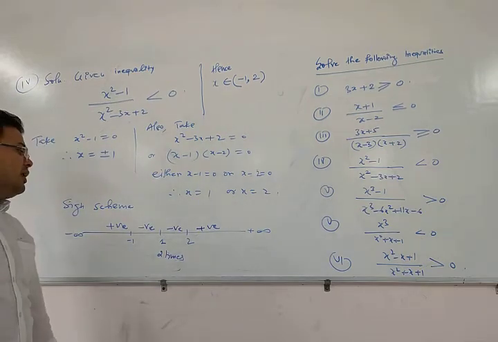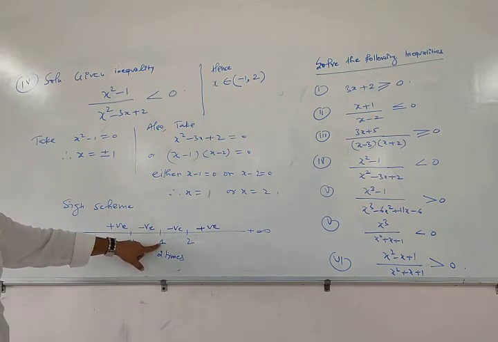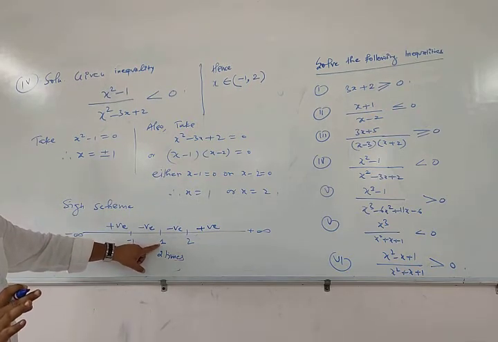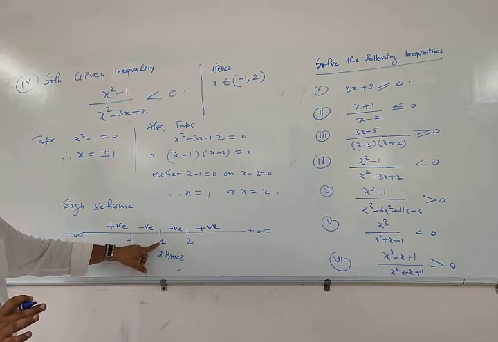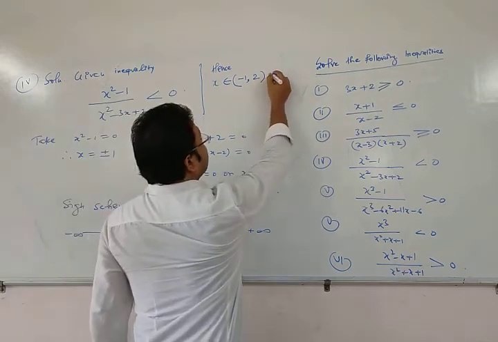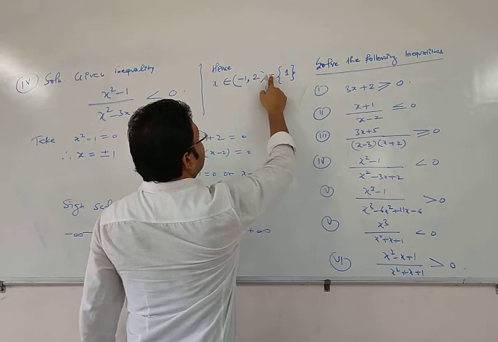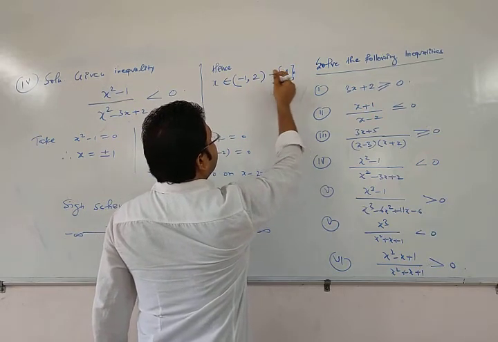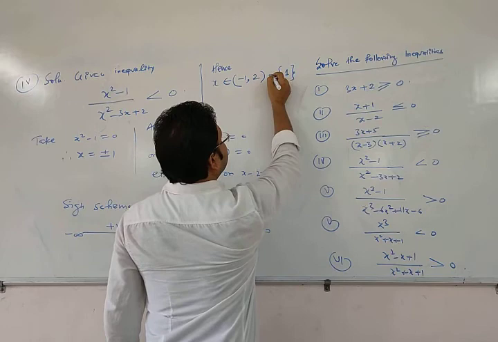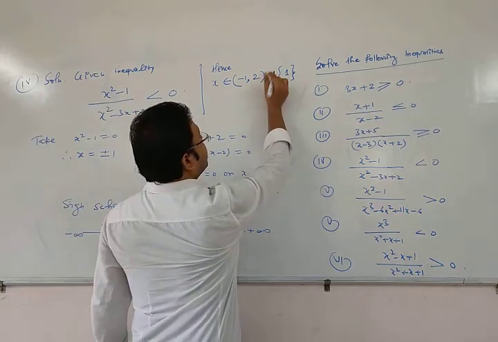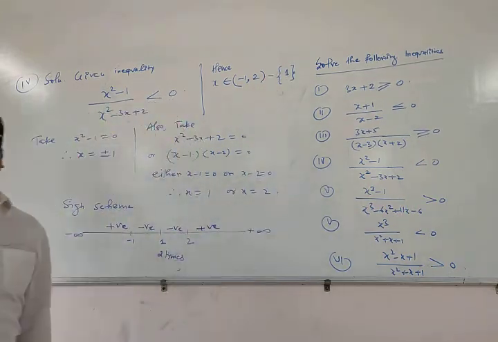In this interval, root 1 is also present, but we do not have to take 1, so we write the set minus 1 to 2 minus the single element set containing 1, because we do not have to take 1. Negative sign is used to remove it.